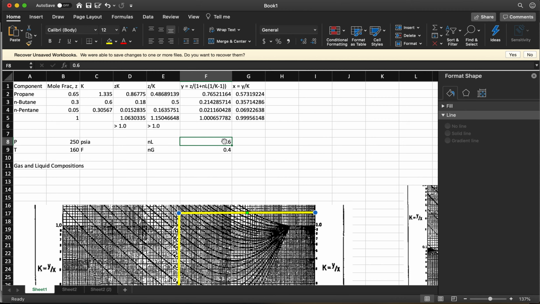So 60% of this mixture is liquid, and 40% of the mixture is gas, 1 minus 0.6. Then to get these values, we can divide and find these compositions. Here's your liquid phase: 57% of the liquid is propane, 35% is butane, and basically 7% is pentane.